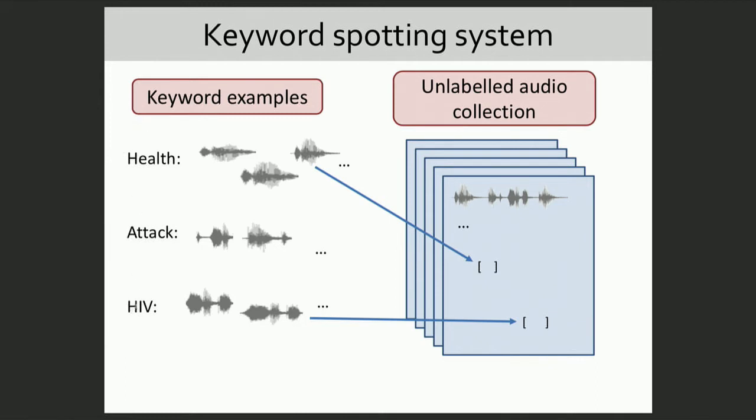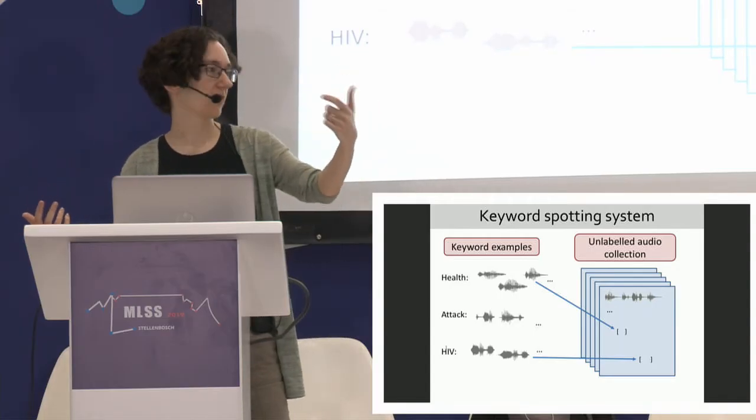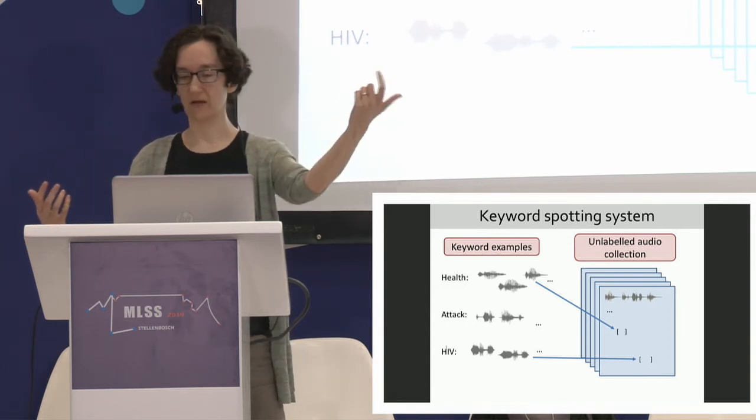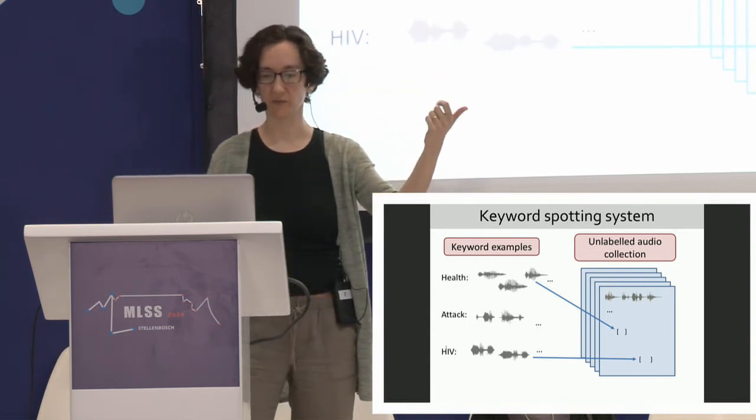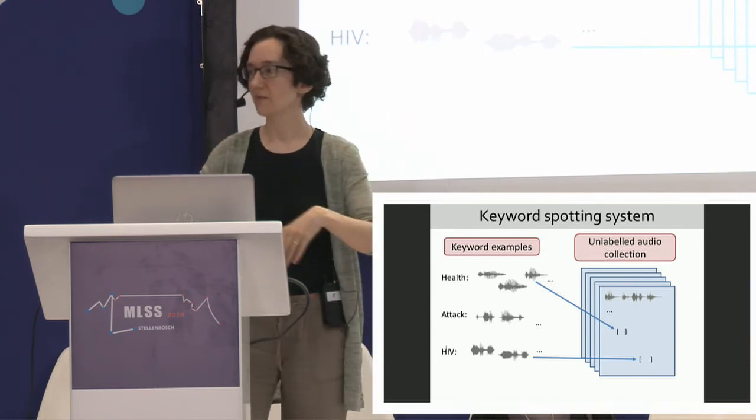And then you've got this unlabeled audio collection, and you want to go into that collection and ask, do I find any examples of any of these words that match the spoken examples someone's given me? So there's no necessity to transcribe anything at any point.